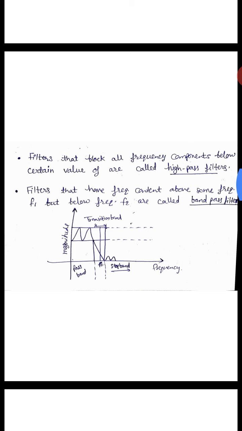Now what are the low pass filter, high pass filter and band pass filter? A filter that blocks all frequency components below a certain value is called a high pass filter, and a filter that passes frequency content above some frequency f1 but below frequency f2 is called a band pass filter.